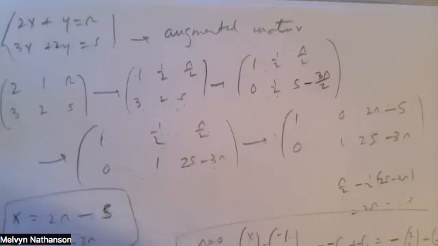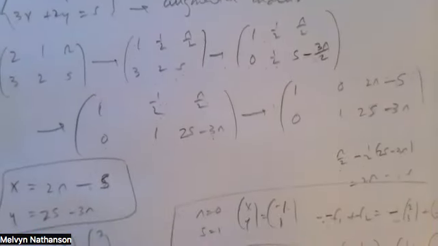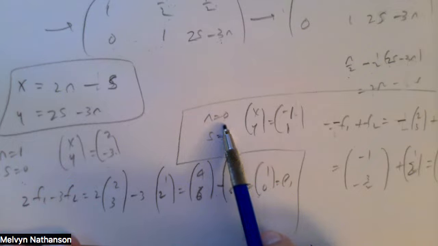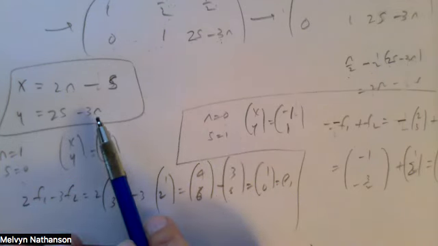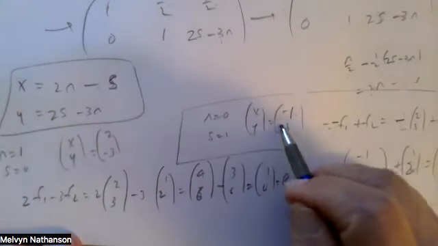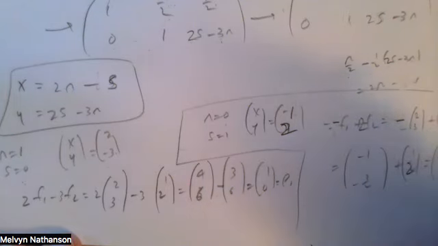2r minus s, oh, sorry, 2s minus 2r. Okay. So when r is 1 and s is 0, this is 2, minus 3. But when r is 0 and s is 1, this is minus 1, 2. So minus f1 plus 2f2 is minus 2, 3 plus 2 times 1, 2.